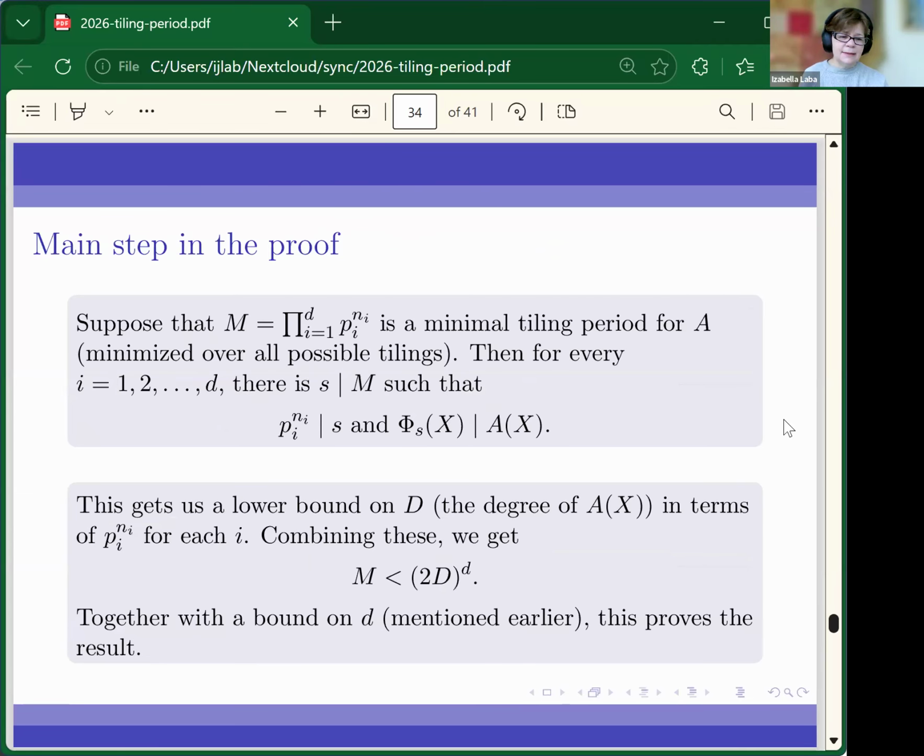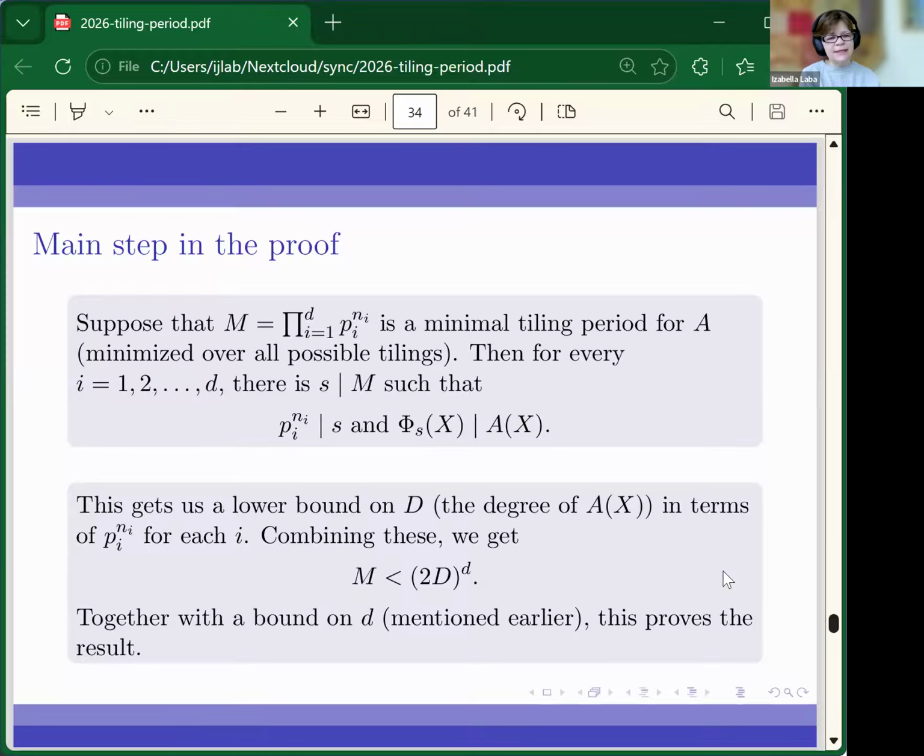And that gets us a lower bound on D. D, in terms of the polynomials A of x and B of x, is going to be the degree of A of x. And the result here on top gets us a lower bound on that in terms of those prime powers p_i to the n_i.